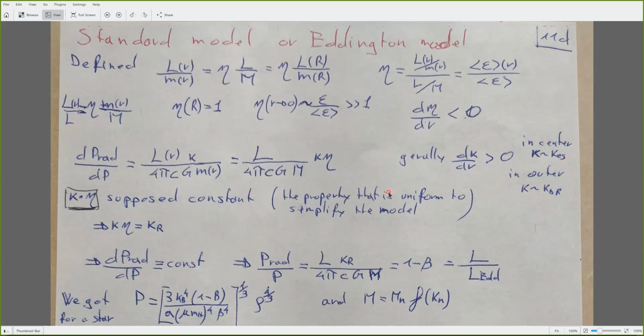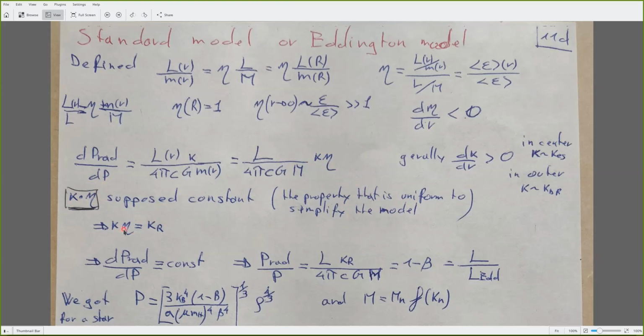The standard model makes an assumption to simplify everything: since eta decreases with the radius and the opacity increases with the radius, we can estimate that the product can be quite constant. This is the famous assumption we saw at the beginning. We can use it to have a simple model. We determine that the property is uniform, and in this case it is this product.